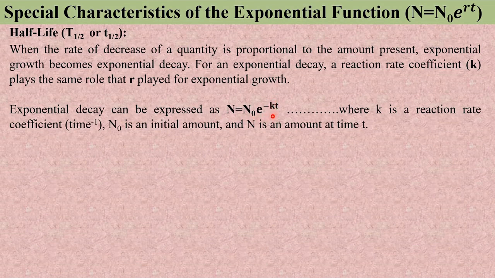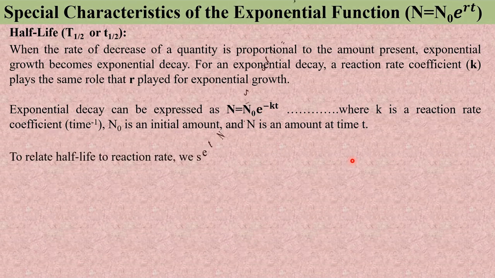Here r is replaced with k and the minus sign is used as it is exponential decay, or the quantity will be decreased at a proportional rate with the time. So here k is the rate coefficient, N0 is the initial amount, and N is the amount at time t.